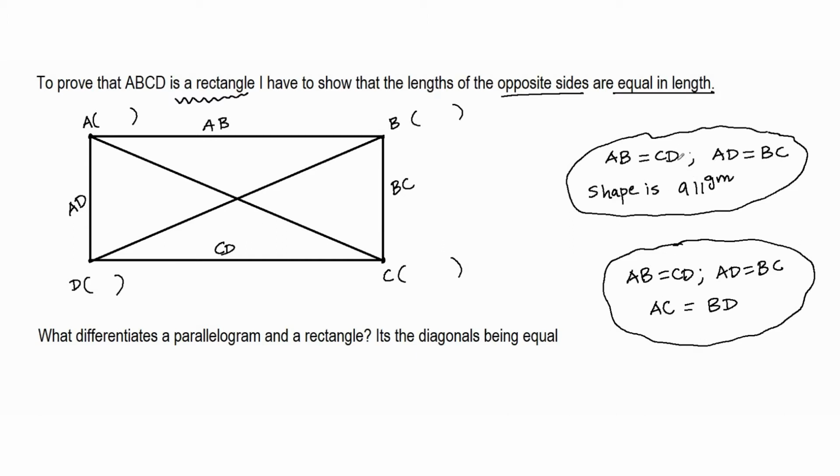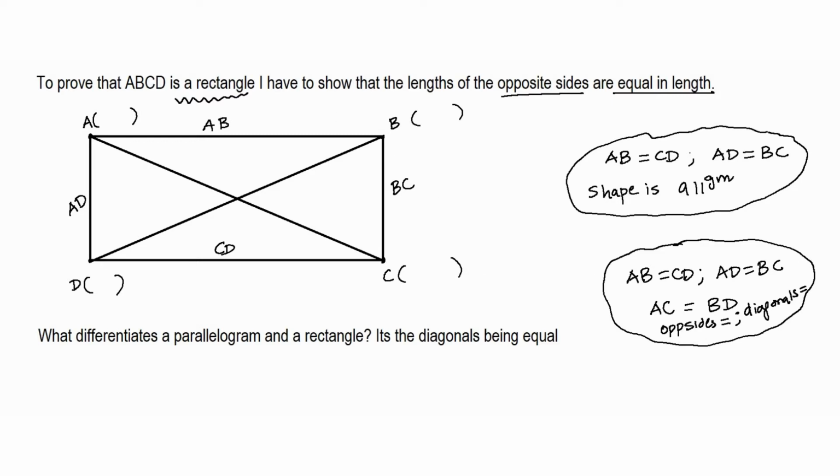So in a parallelogram, opposite sides are equal, whereas in a rectangle, along with the opposite sides being equal, the diagonals are also equal, right? So this means that I now have a rectangular shape. This is how I would distinguish between a parallelogram and a rectangle. There is one more way.